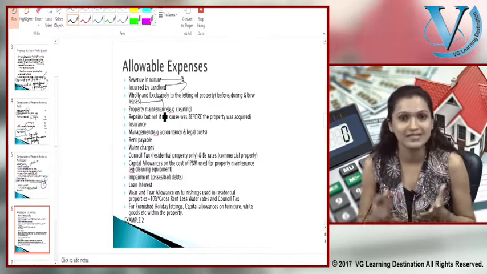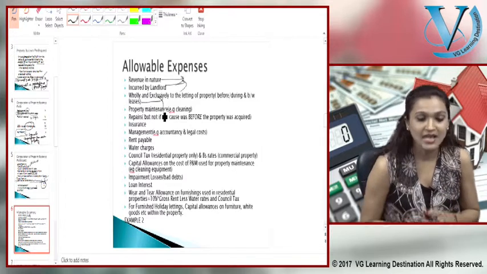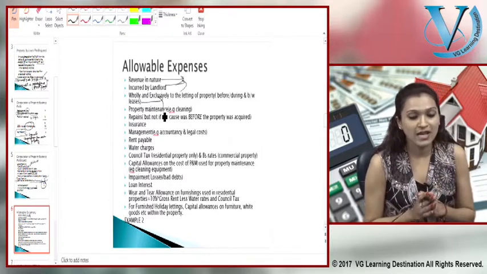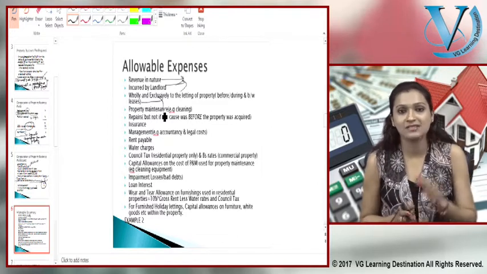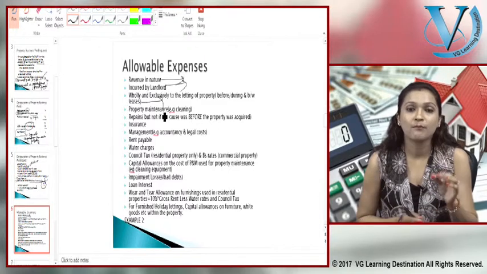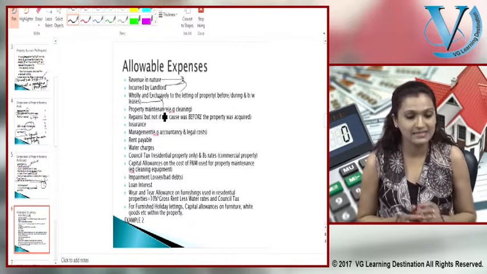Let's have a look at a few examples. Examples like cleaning and maintenance charges, and repairs only if they were not incurred before the property was acquired. Why? Because such repairs would be added to the cost of the property itself, as they are going to be capitalized.